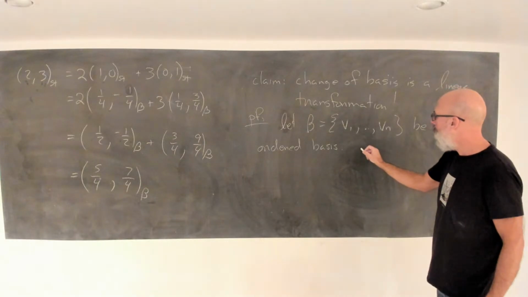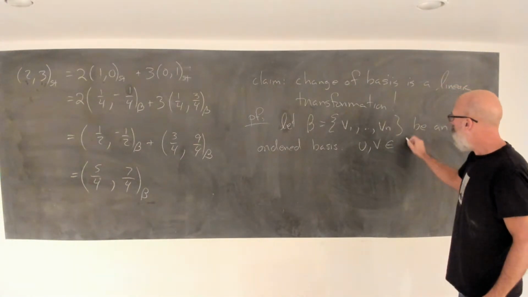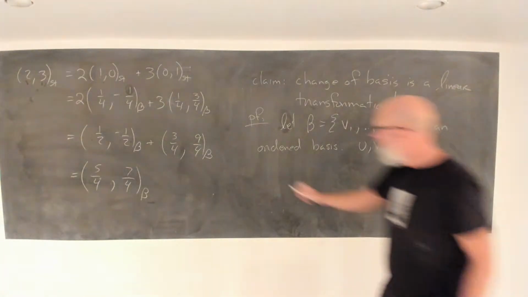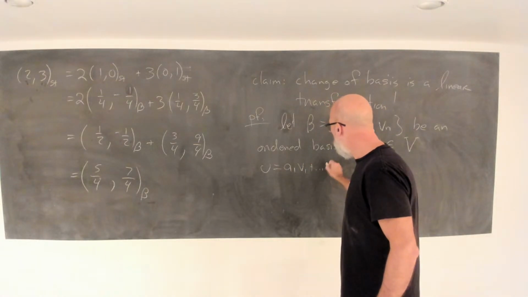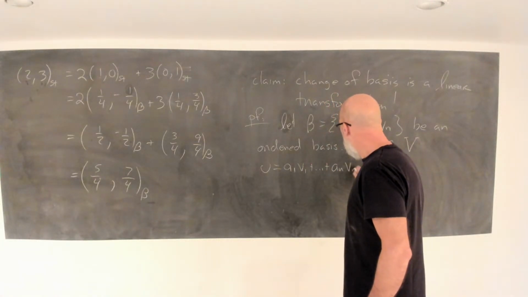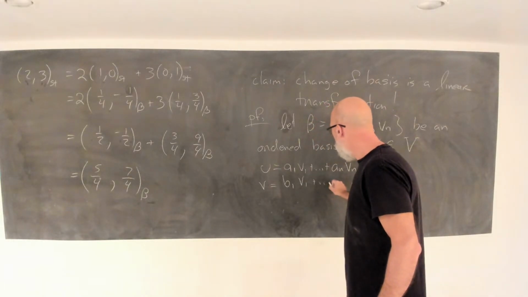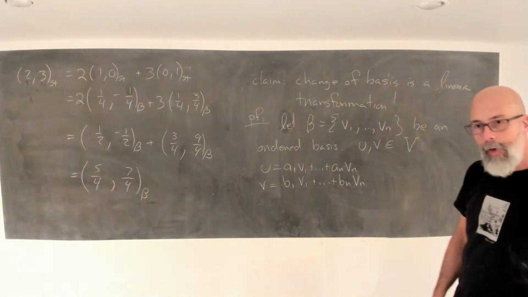If you take u and v in your underlying vector space, u can be written as a1 v1 plus ... plus an vn, and v can be written as b1 v1 plus ... plus bn vn. In other words, a linear combination of your basis elements.